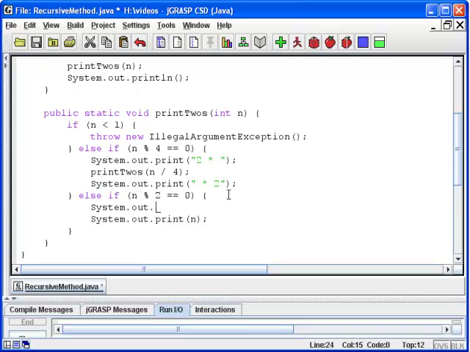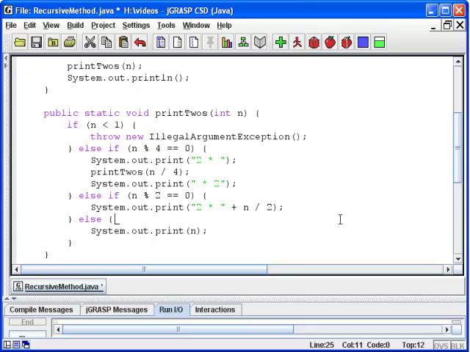So it has a special output that's 2 times, and then the number that we want to output here is n divided by 2. And if we've done it right, we shouldn't have to worry about a recursive call here, because we know that when we get down to a number that's not divisible by 4 but is divisible by 2, it'll have exactly one 2 times in front, and then what's left is the n divided by 2.